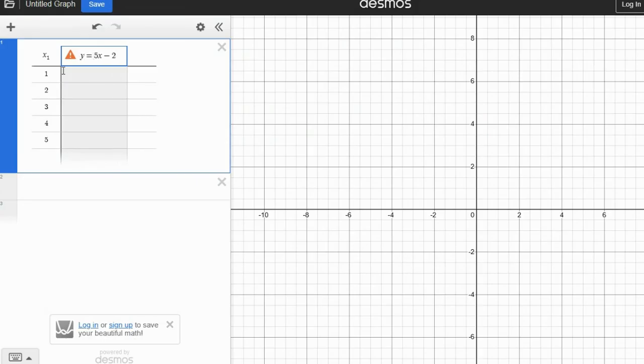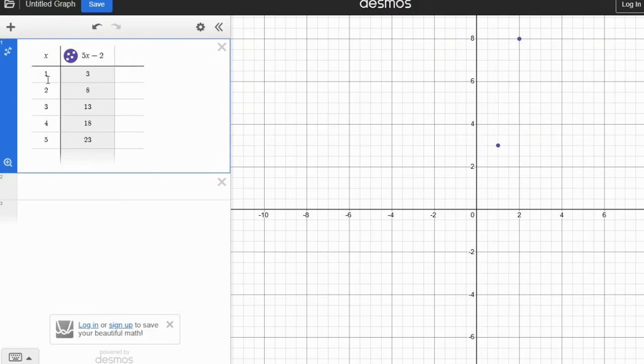Y equals, does that do it? Table headers must be simple expressions. Equations are not allowed. Okay, so if I take that off, now what's it say? Too many variables, try defining x. Can I put 5? Oh, there it is. If I take this to just be x instead of x sub 1.